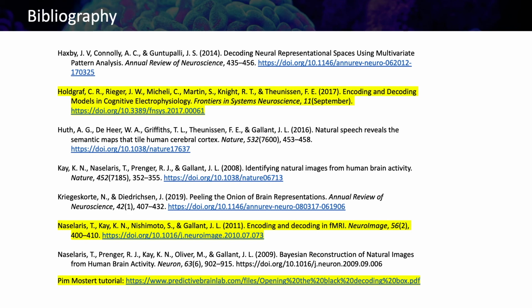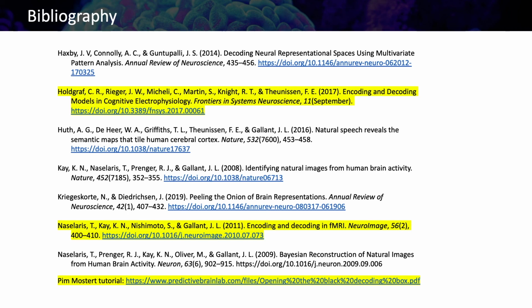Here I'll leave you with some relevant literature. I think some good papers to read are this one from Christopher Holdgraf, which makes a good review of encoding and decoding models, and also gives you the opportunity to try some Jupyter notebook examples.